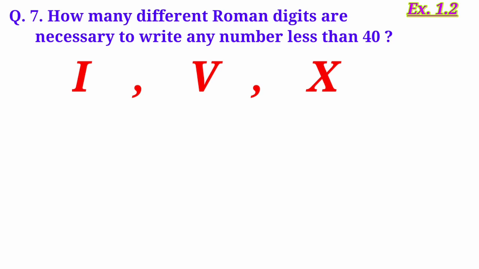These are I, V and X to represent any number less than 40. But if you write 40, then we will have to use L. XL is 40. That's why below 40 we are only using 3 digits, that is I, V and X.